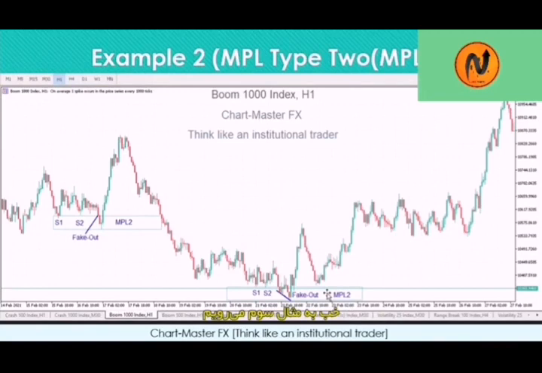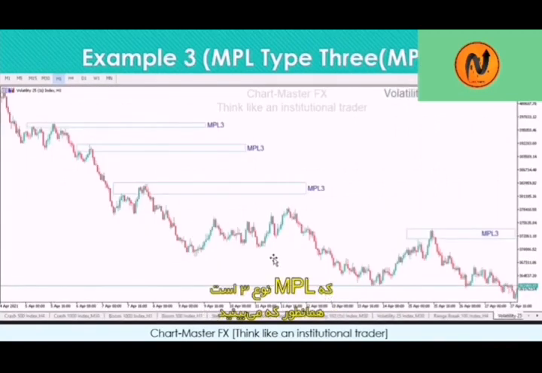We go on to example number 3, which is MPL3. You can see, guys, that we had a drop in price and a high is created, then we have a higher high. In the second example, we have a drop in price, then the price forms a high, then a higher high, then we can draw our MPL.